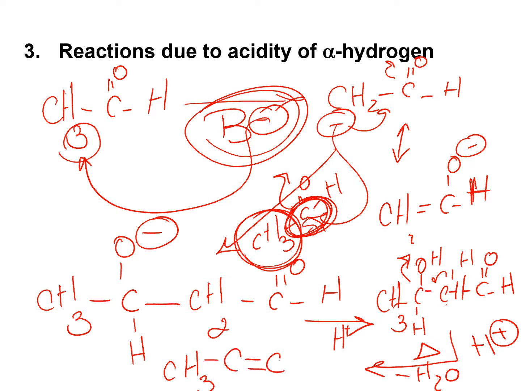It gives an alpha-beta unsaturated aldehyde or alpha-beta unsaturated ketone. So the final step, where you perform the condensation and remove the molecule of water, does not take place spontaneously. You have to use a dilute acid and warm your reaction. Otherwise, this reaction will not proceed.